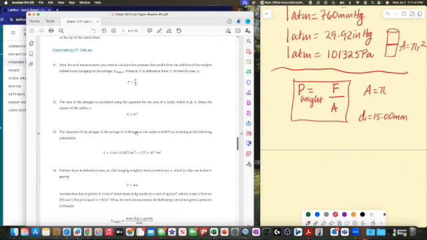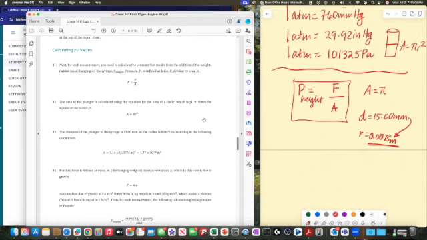But we want the radius. So the radius tends to be the diameter divided by 2, right? So while they were converting the diameter to radius, they also converted the units. So we're just gonna copy it. From here, we get that the radius is equal to 0.0075 meters, okay? We need the radius in meters.